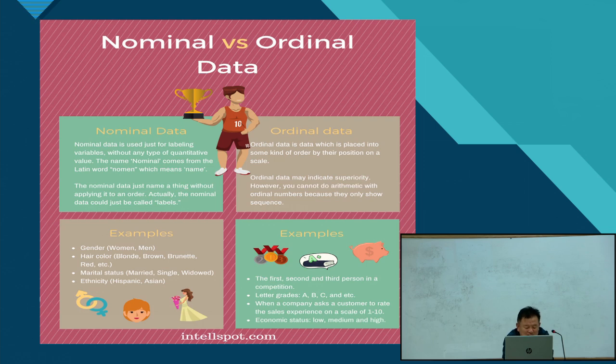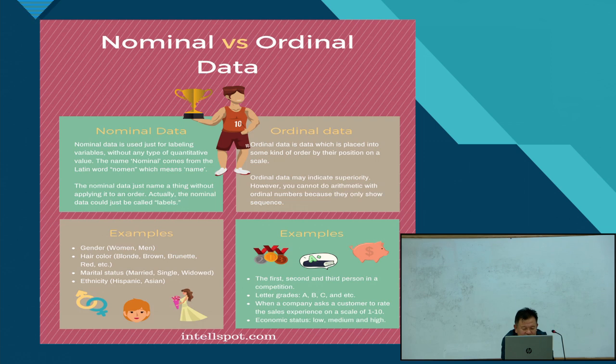This is nominal, name. Examples are gender, hair color, marital status, whether you are married or single or widowed, and ethnicity. These things are nominal data.